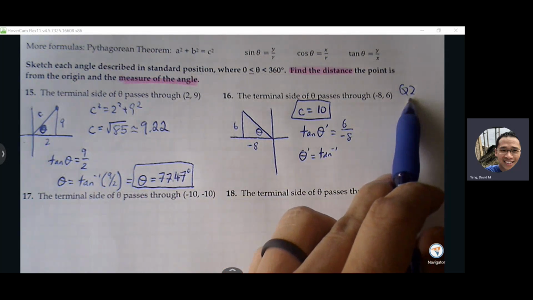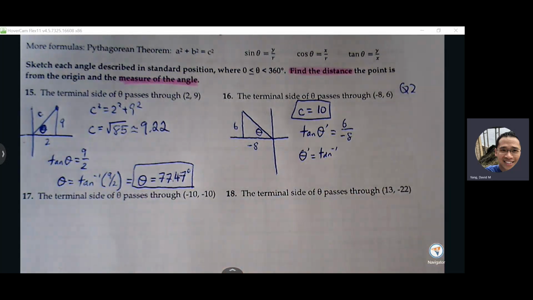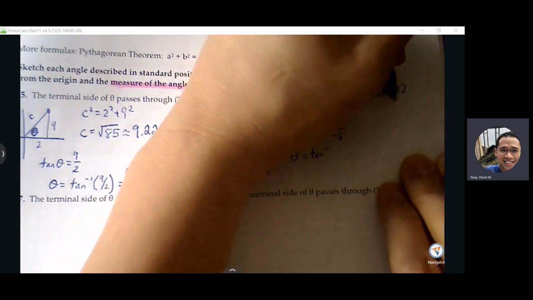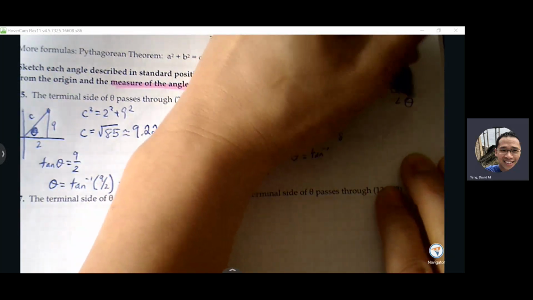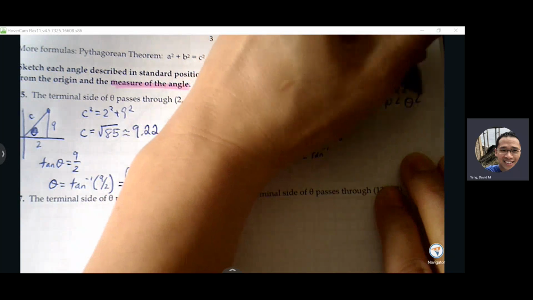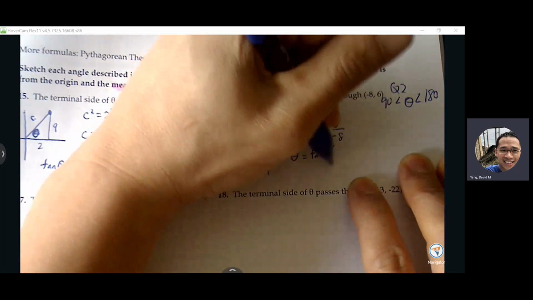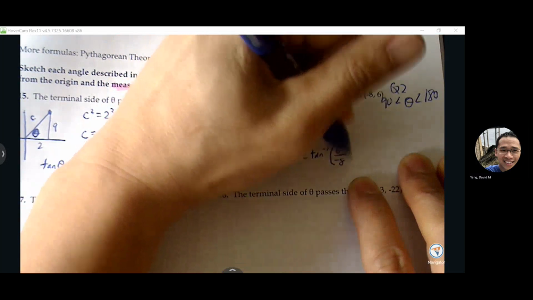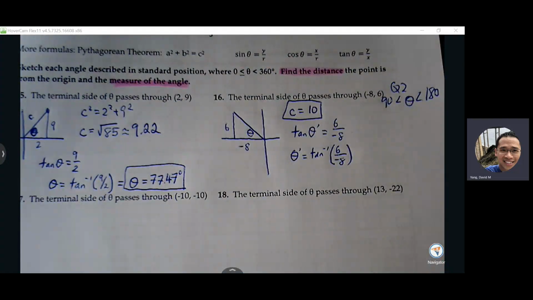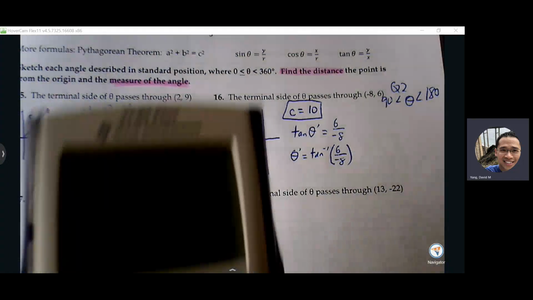We have to subtract from 180 for reference angles, right? So we know quadrant 2 measures have to be between 90 and 180, and we're going to make an adjustment when we get the information from the calculator. Okay, so let's plug this in. Inverse tangent of -6 over 8.